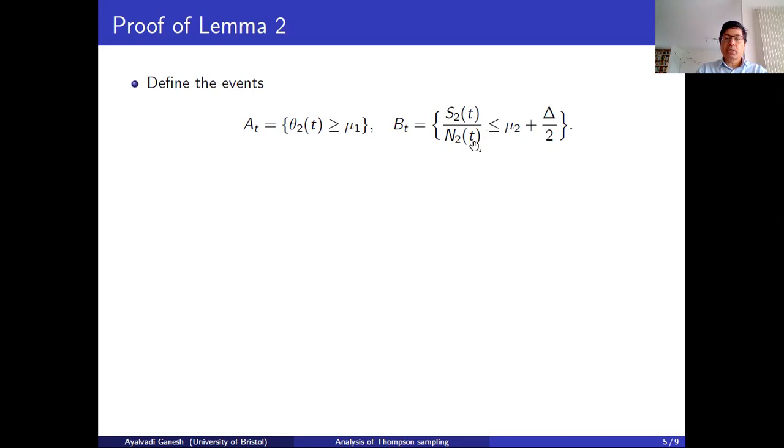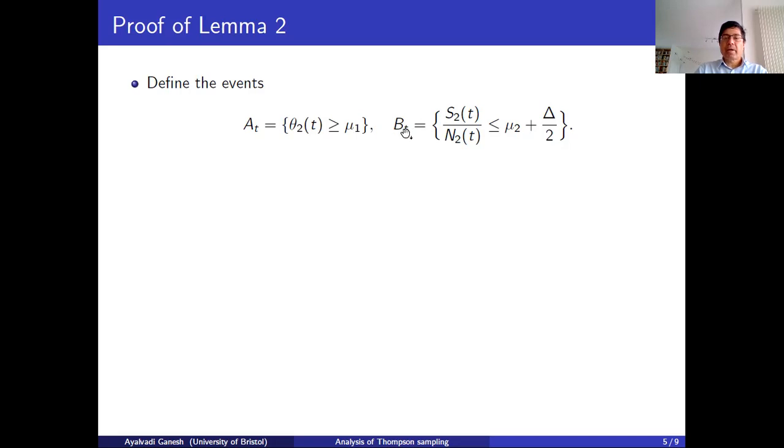So as N2T gets large, this ratio should converge to mu2. And BT says it's not too much bigger than that. It's at most mu2 plus delta over 2. Okay, so for large values of N2T, the event BT should have probability close to 1 intuitively, and BT complement should have very small probability.